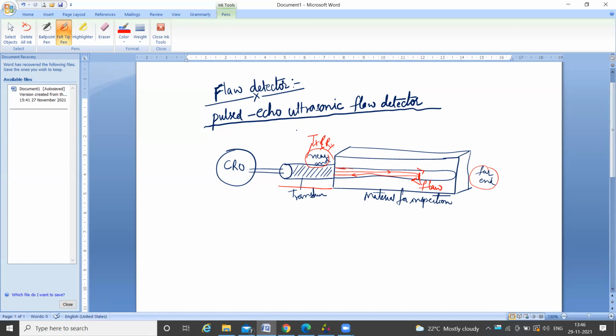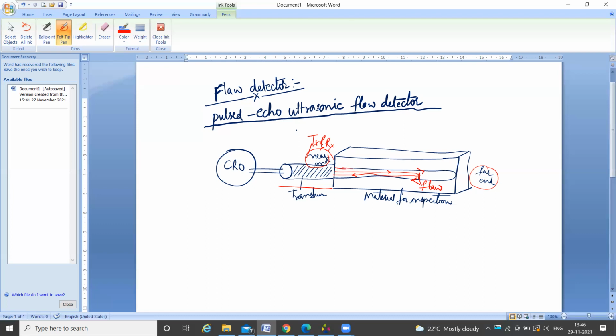So generally a single probe or transducer is used. A transducer first acts as a transmitter, sending out high frequency ultrasonic pulses into the article to be inspected, and then acts as a receiver to receive the ultrasonic echo pulses reflected from the flaw or from the far end of the material.